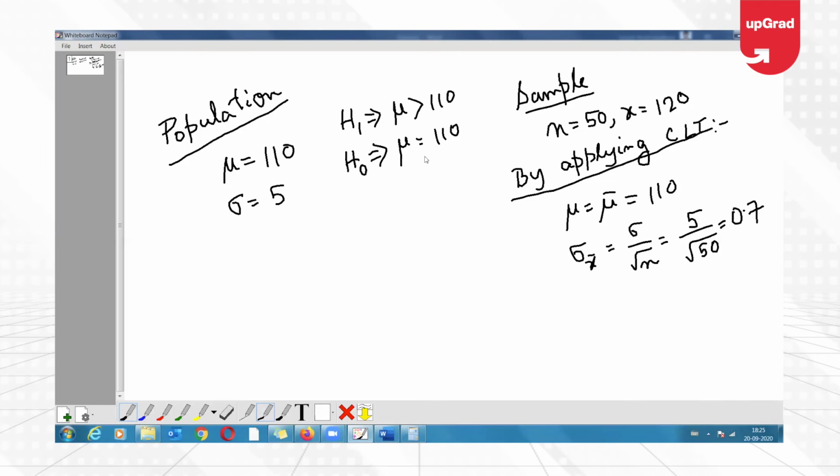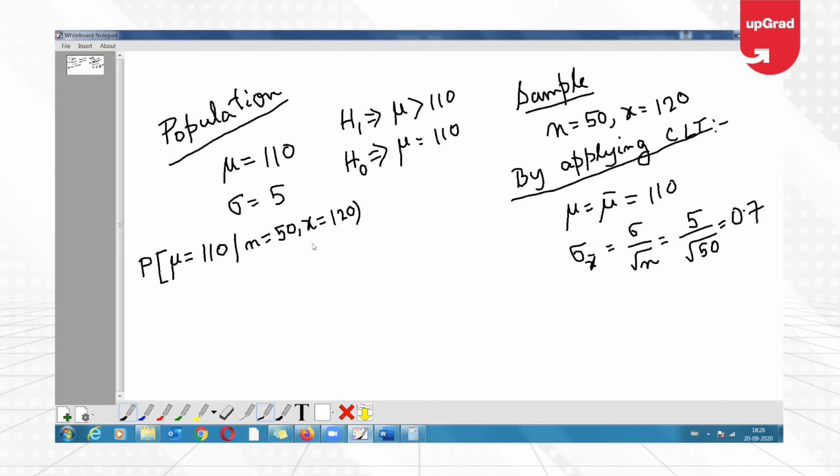So what we are trying to find out is the probability that the average IQ of school A kids is 110, given that for 50 randomly surveyed kids it is 120.